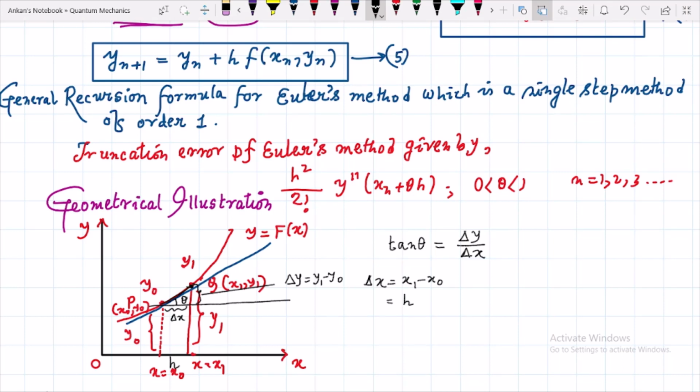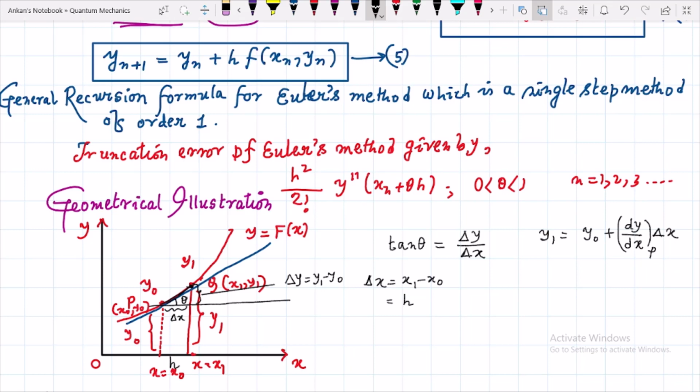Okay, so for this you can calculate y1: y1 is nothing but y0 plus the slope, that is dy/dx, from the equation y equals mx plus c. So y0 is the intercept, and this is the slope at the point P, and the small spread of x, delta x.